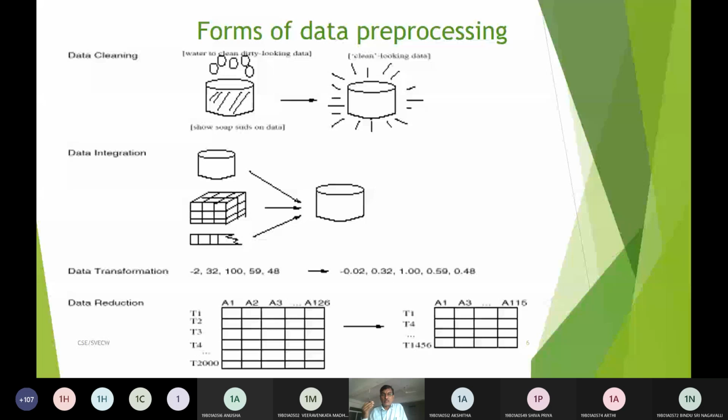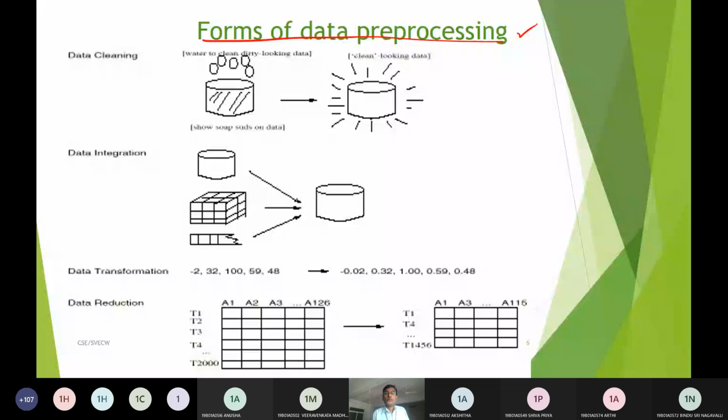Obviously, it became clean. Here we have noisy data, inconsistent data, or incomplete data. This has to be pre-processed. Therefore it is called impure data, and this impure data should be converted to pure data.